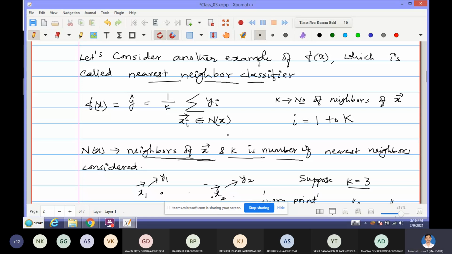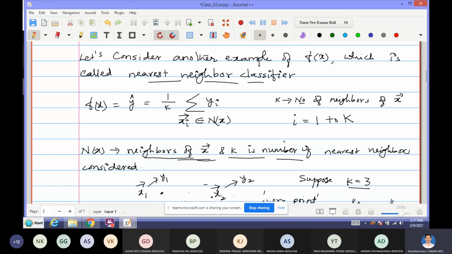So if k is equal to 3, we have to consider 3 neighbors of this query point x. So here essentially x1, x2, and x3, 3 neighbors we are supposed to consider.